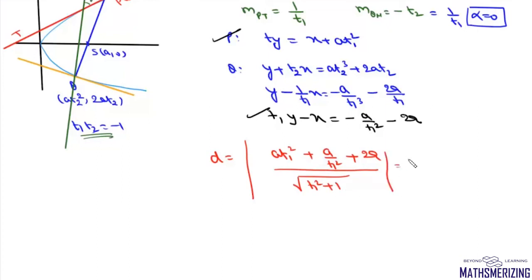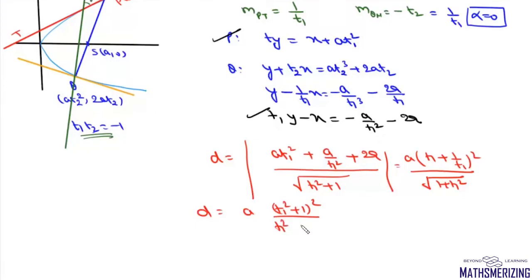We'll take a common. We can write this as a times t1 plus 1 upon t1 whole square upon under root of 1 plus t1 square. So here it will be a times t1 square plus 1 whole square upon t1 square and then under root of 1 plus t1 square.